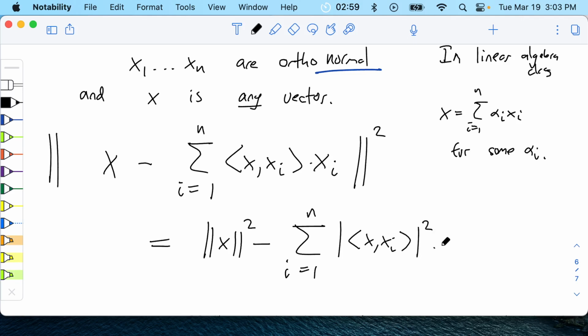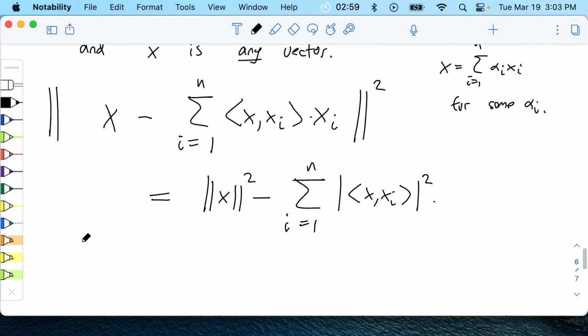Okay? And this is greater than or equal to 0. The norm of x squared is greater than this sum.